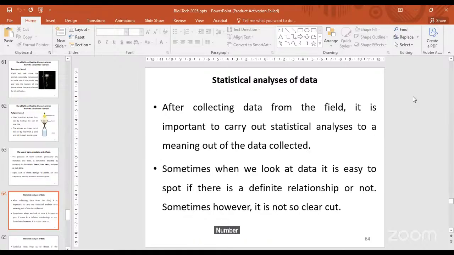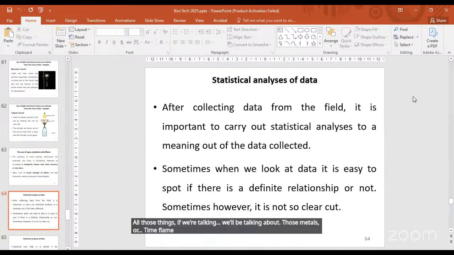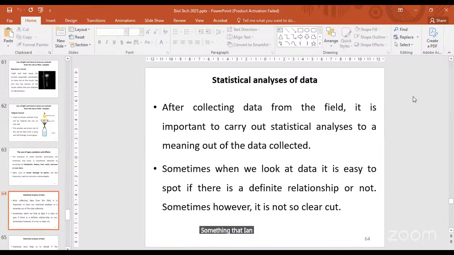Number one, you define the aim and objectives of the study. We described those things earlier. After that, you go out to do your sample collection. All those methods of sampling we've been talking about, aquatic, terrestrial, sampling the air and the soil, all those still fall within the second step of sample collection.